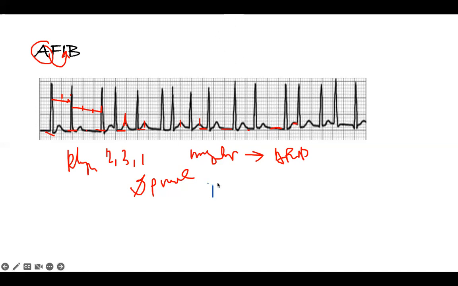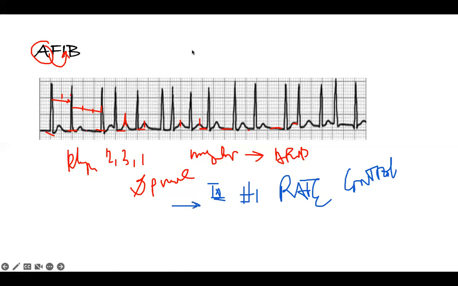Treatment for AFib. Number 1, this is how they trick you. Rate control. I don't care about anything about anticoagulation. You need to control the rate. The rhythm is not normal, so you can't use that technique.